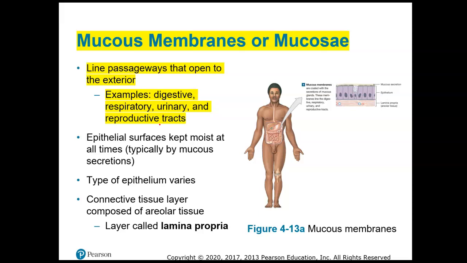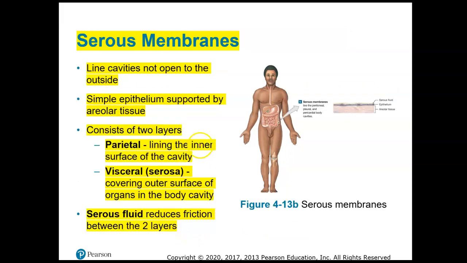So mucous membranes have an epithelial tissue layer, which is typically simple columnar epithelial tissue, and then the connective tissue is areolar, and it's actually got a name. The connective tissue layer is called the lamina propria. Then we have serous membranes, and there are 3 serous membranes.